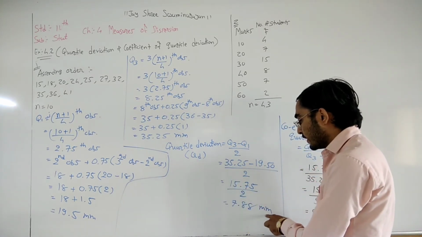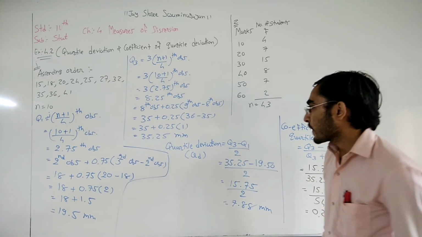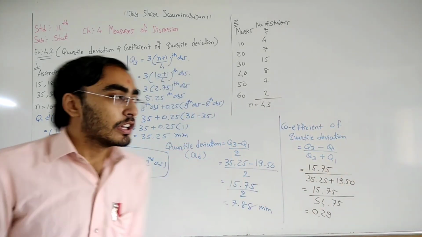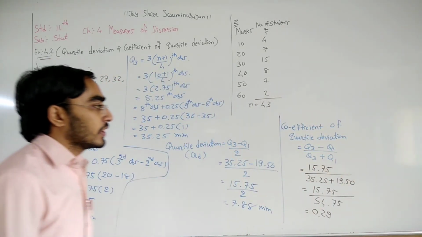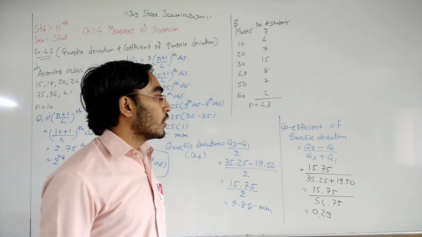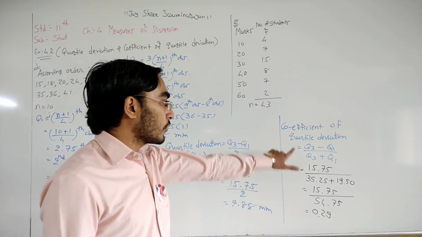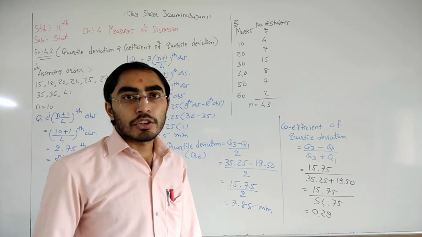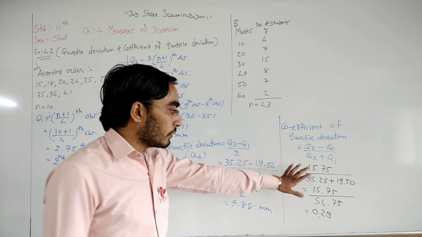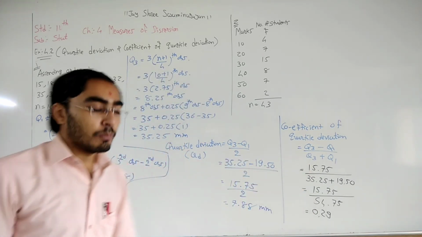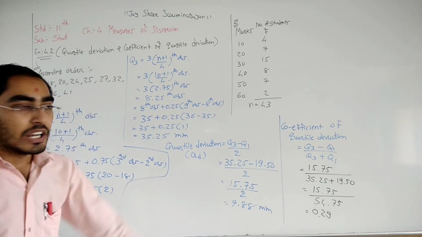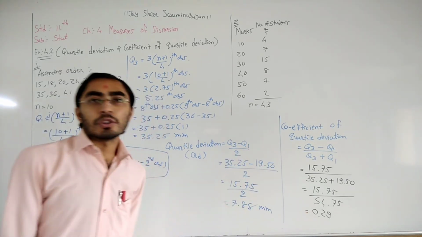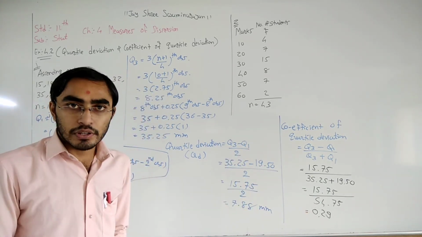So here we need to write the unit mm. After that we can find the coefficient of quartile deviation. And what is the formula? It is (Q3 minus Q1) divided by (Q3 plus Q1). Put all these values here, you will get the answer 0.29. And this is a relative measure, so we do not need to write the unit. Okay.